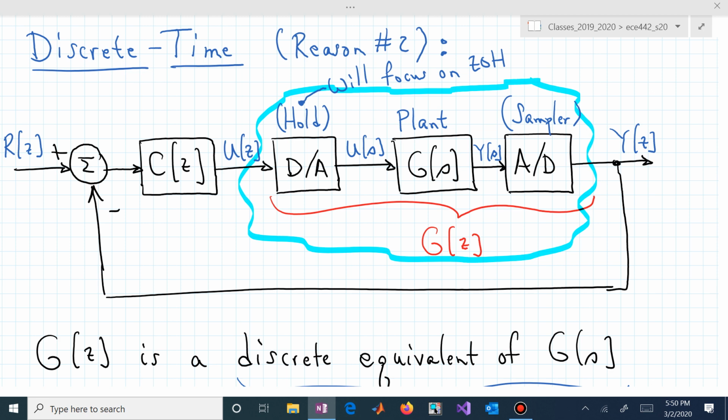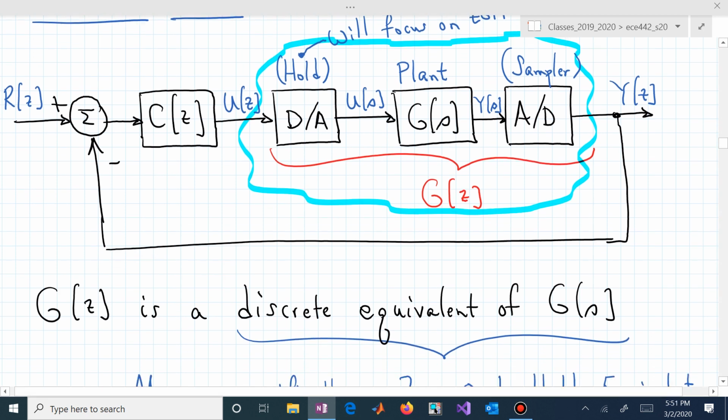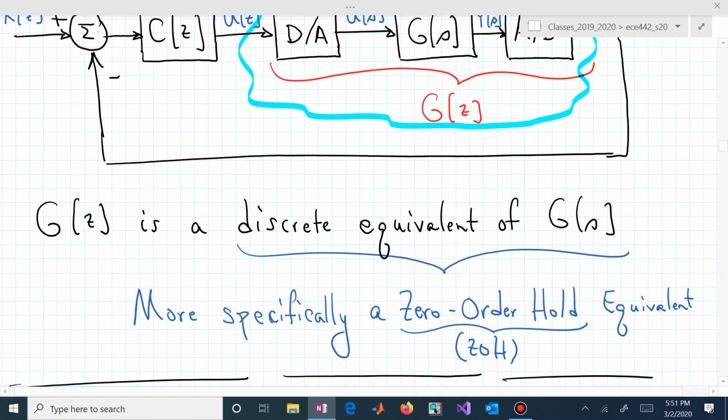That's scenario number 2, or reason number 2, and we will call that more specifically a zero order hold equivalent, or a ZOH equivalent.